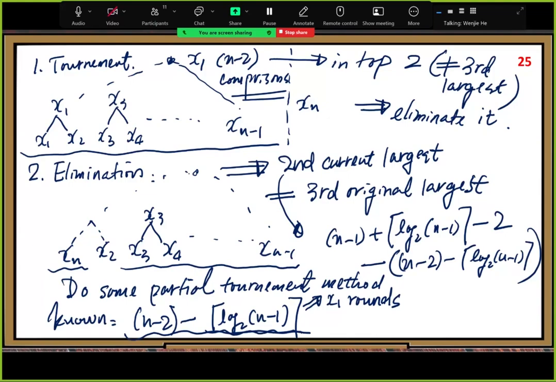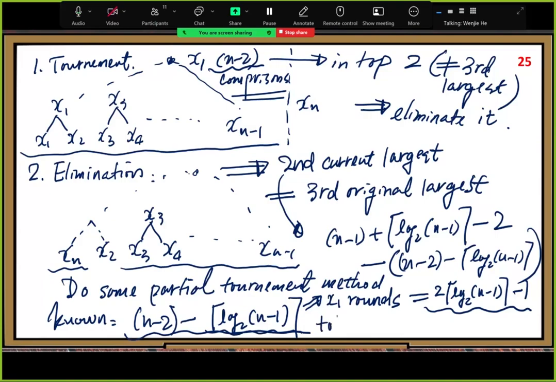After simplification, we get this many new comparisons we need to do. But the first round had n minus 2, so we need to combine them.